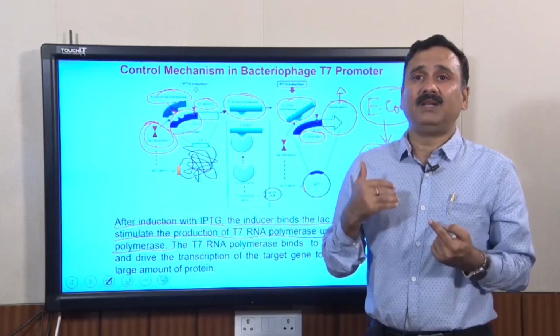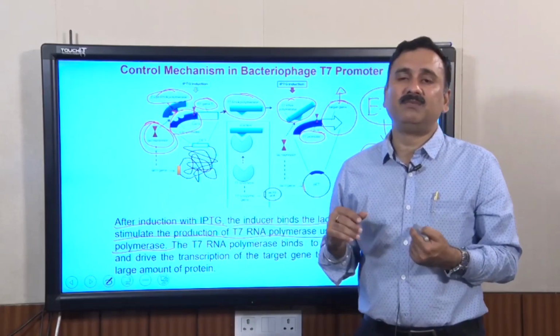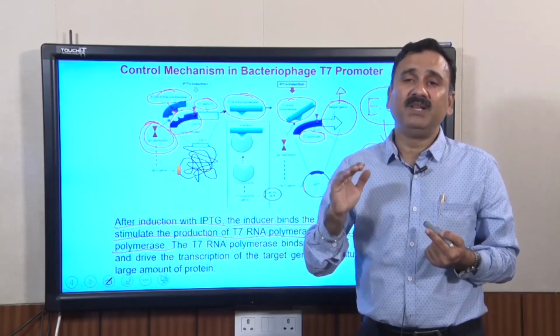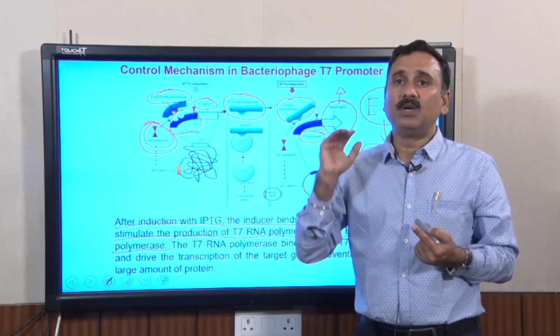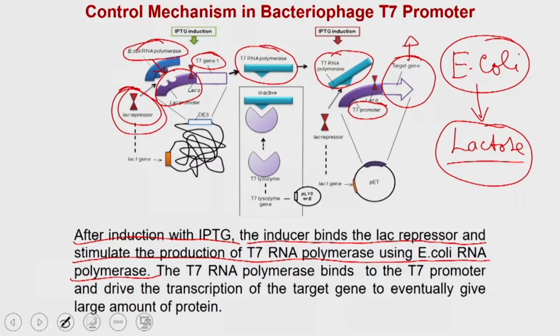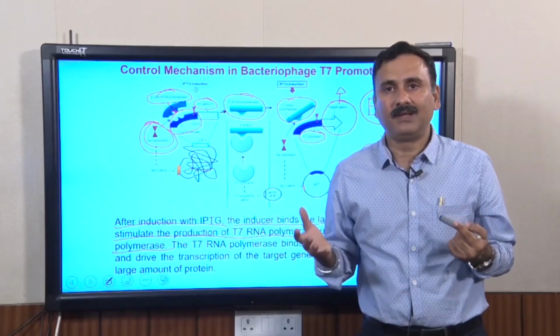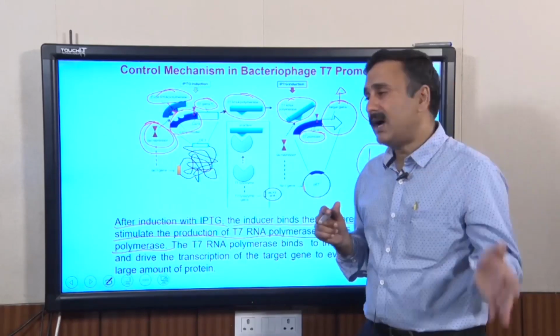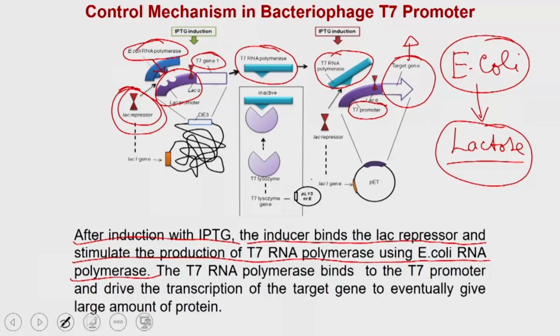So, in some cases, just like we discussed with the bacteriophage PL lambda promoter, some of these target proteins which you are overexpressing may be toxic or may not be good for E. coli growth. In those cases, you will not see the E. coli cell number increasing while you are inoculating. So, to make it a tighter control, people have designed two more plasmids in which they have overexpressed the T7 lysozyme gene.